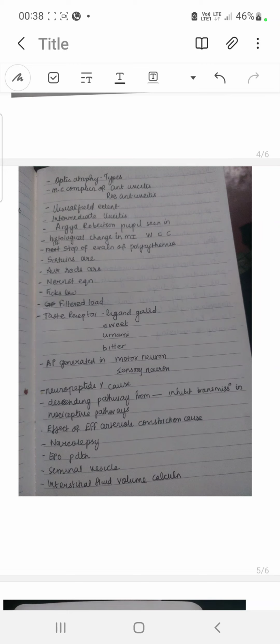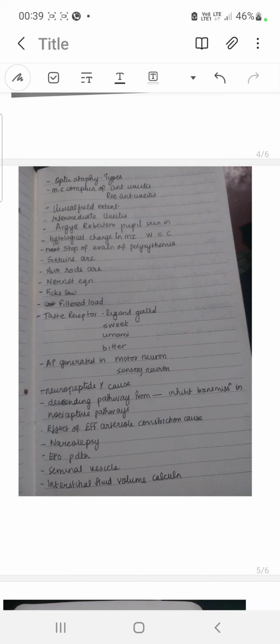Taste receptor ligand gated is which one? It is salt and sour. Sweet is T1R2, T1R1, T1R2. So these are T1, sweet and umami.